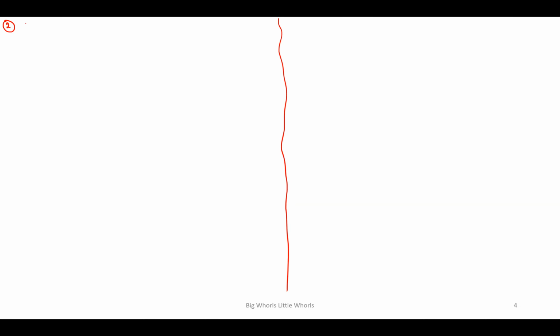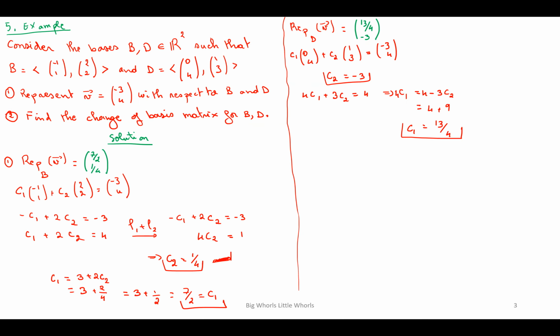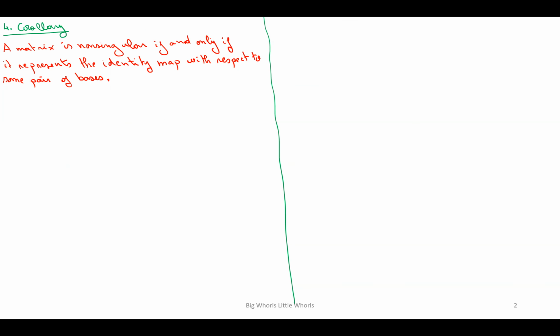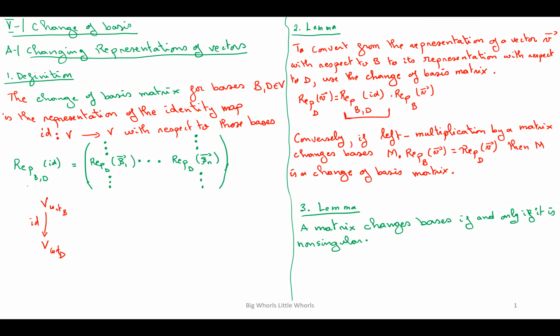We are asked to find the change of basis matrix for B and D. Okay, so we have seen in the lecture that the change of basis matrix for B and D is the representation of the identity map with respect to B and D. This is the formula.